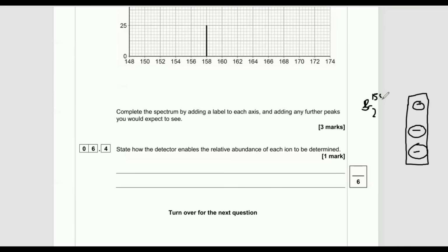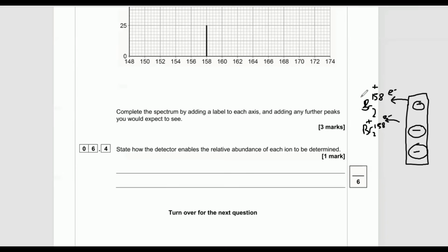158 has turned up. It's going to get there first because it's lighter. When it turns up, if there's 2 of them, what happens at the plate is electrons leave the negative plate and move towards these positive ions, because these ions are positive. And of course, the more of them you have, the more electrons are going to leave the negative plate. So the current that is formed at the negative plate is proportional to the abundance of that particular ion.